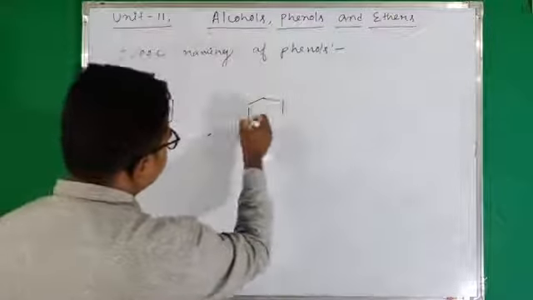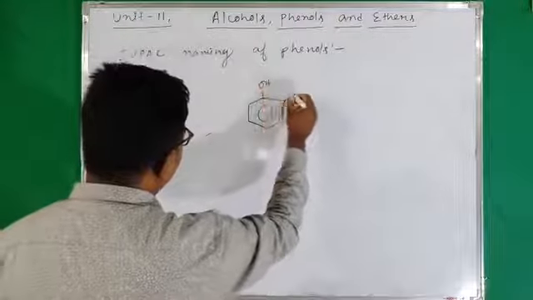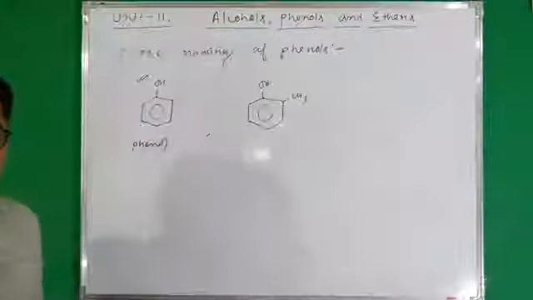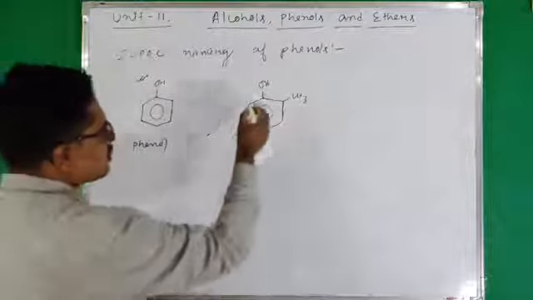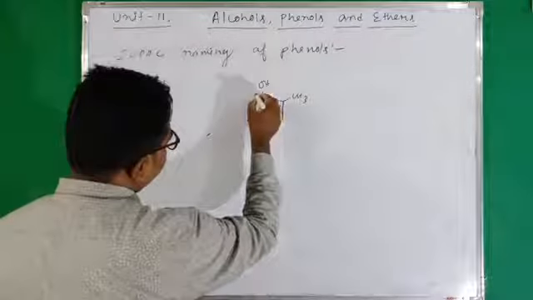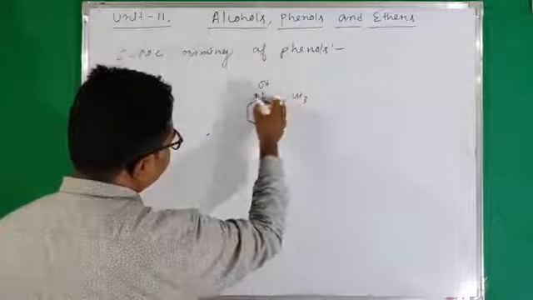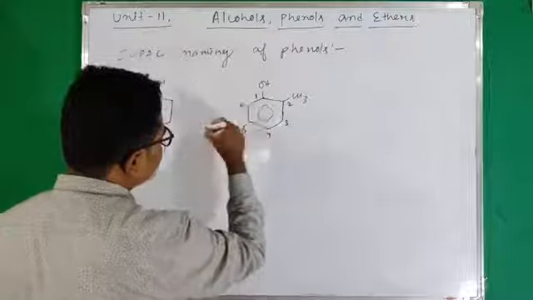Let us consider this compound. Now we have to number the carbons of this benzene ring. Okay? So in this case, the OH group will get higher priority over the alkyl group. Therefore 1, 2, 3, 4, 5, 6.